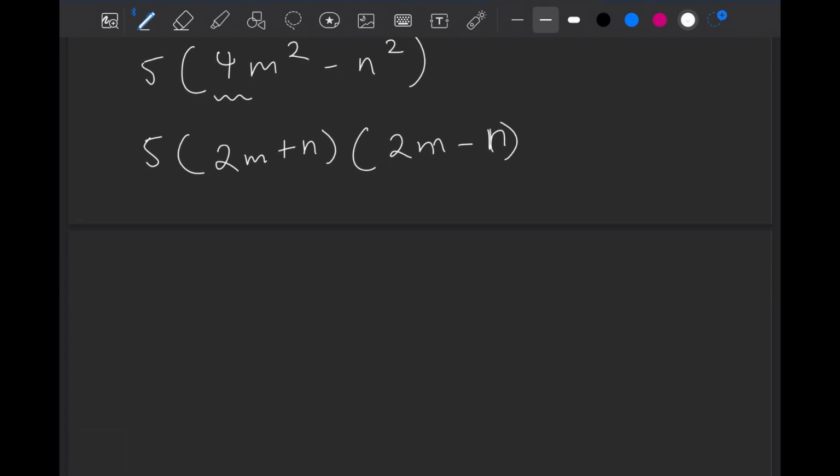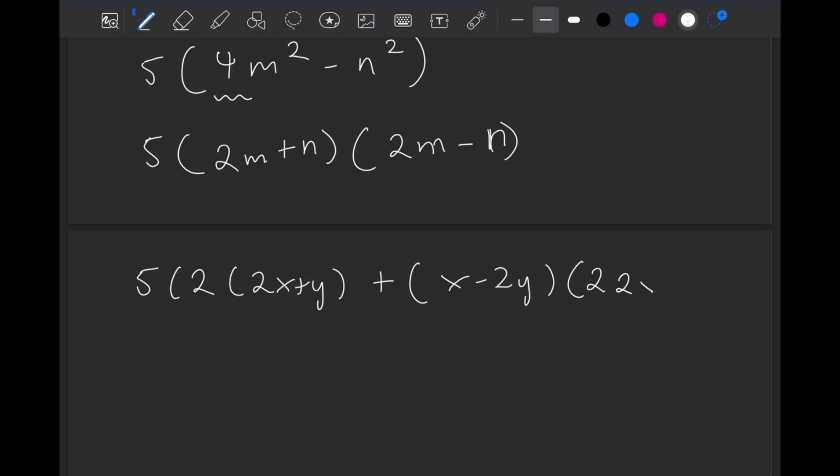So when we do that, it's going to be 5 times 2, and then 2x plus y, close, and then plus x minus 2y times 2x plus y.